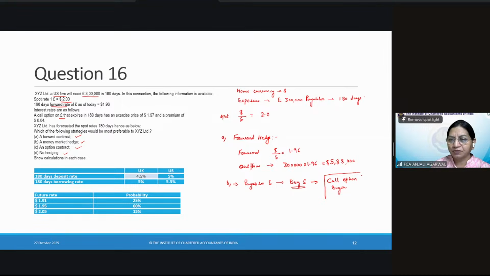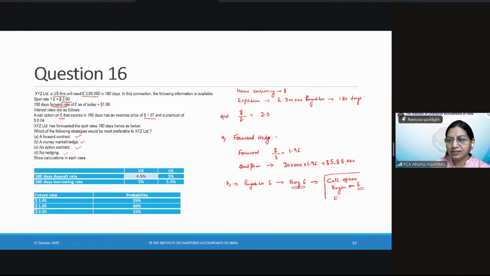If you are a call option buyer on pounds, the option should be on pounds. Option should not be on dollars. Option should be on pounds. So the call option is on pounds, and this is pounds which you have to buy. So you will buy a call option of pounds. At what price is it available? At 1.97.